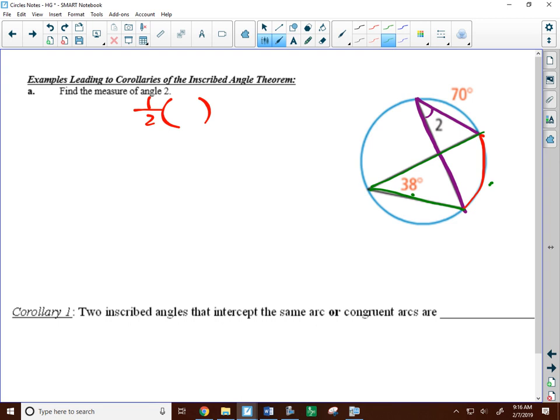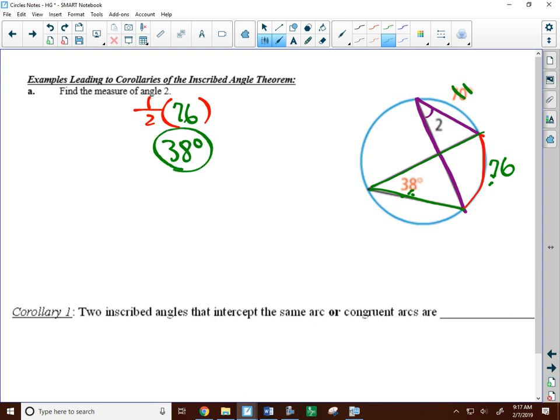Double 38, because the angle is already half the arc, so the arc is double the angle. 76. I don't know why this is here; we don't actually need that. So I doubled the 38 to get 76, because 38 was an inscribed angle. And then angle 2 is half of the 76, so it's 38.